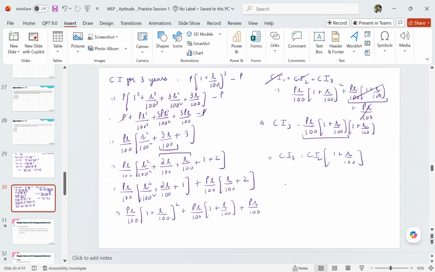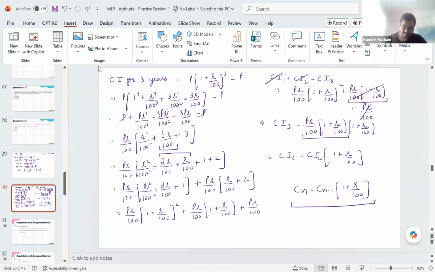But what you need to remember is that any consecutive compound interests are related by a factor of 1 plus r upon 100. That means Cn equals Cn minus 1 multiplied by (1 plus r upon 100). If you remember this, a lot of your questions will become very easy to solve. That's all that I want you to remember. Is that clear?